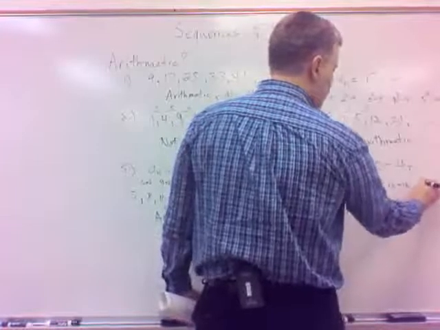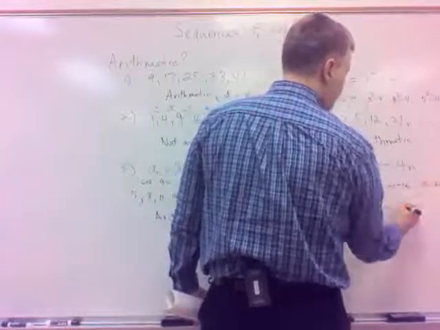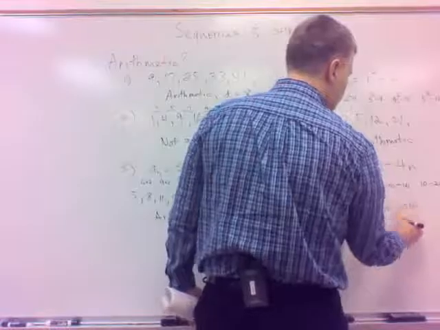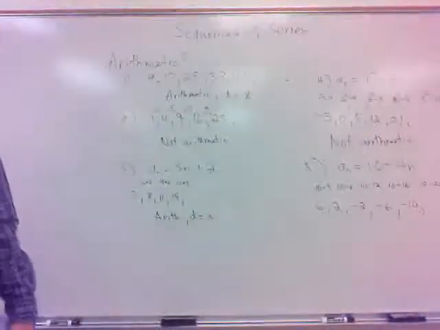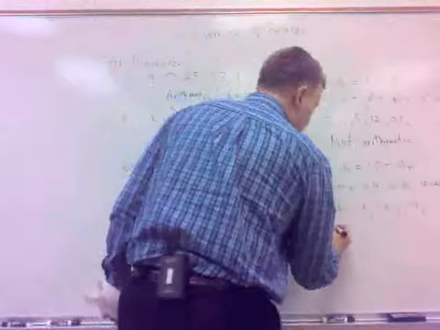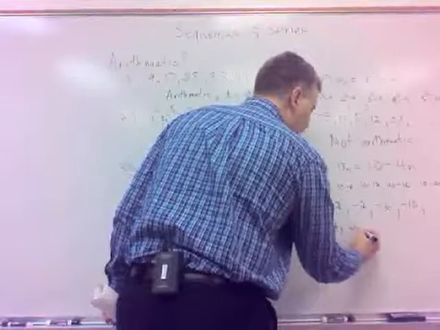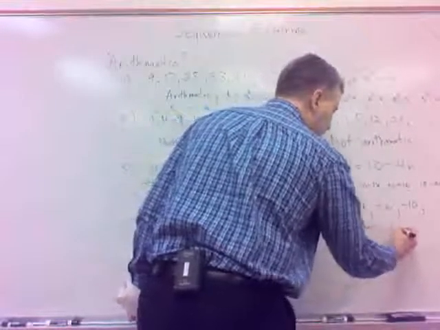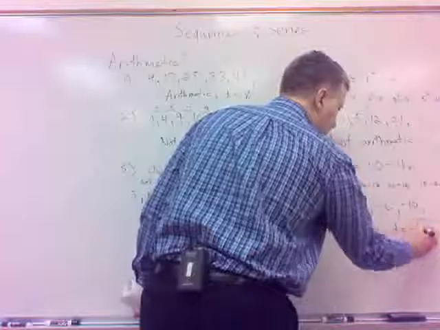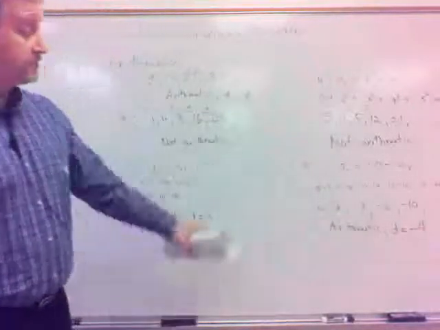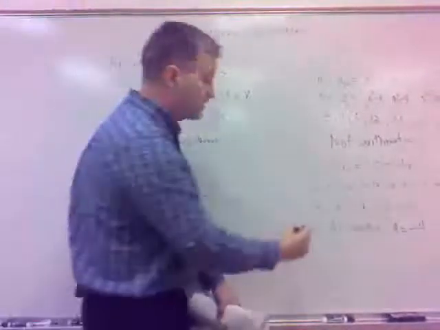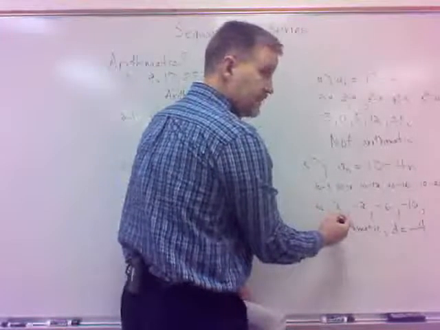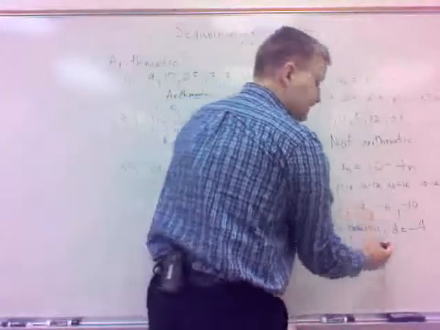And then the fifth term would be 10 minus 20, which is negative 10. I think that's enough to see. Yea or nay? Yes, arithmetic. And D would be negative 4, yes. Be sure to note negative 4. The terms are decreasing, if you will, but they are equally spaced. This one's negative 4, negative 4, negative 4.